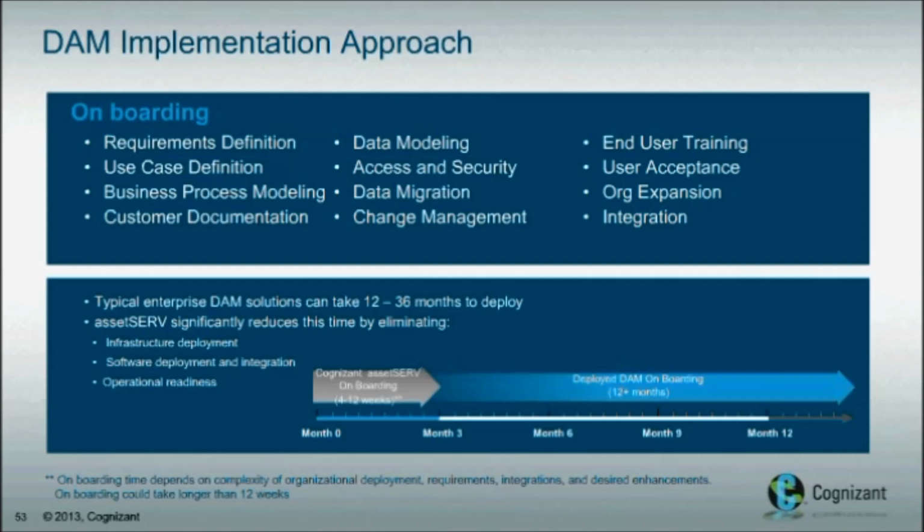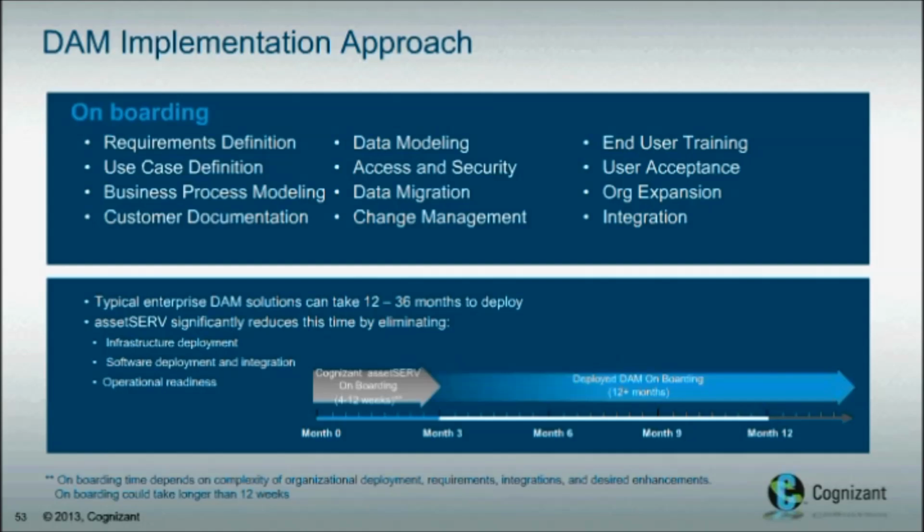Because assetSERV doesn't require the upfront investment and 12 to 18 months to build a system and go live on-premise, we can see a system from assetSERV coming online for a customer in 12 to 18 weeks, often less, and sometimes more. You're going from months to weeks, so there's a huge time compression. That whole time to market we were talking about is absolutely reflected here.